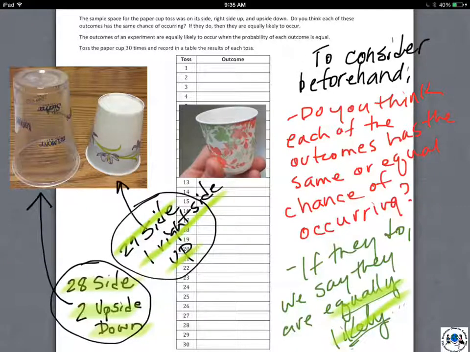I can't imagine any of you did not have similar results to mine, with more side landings.